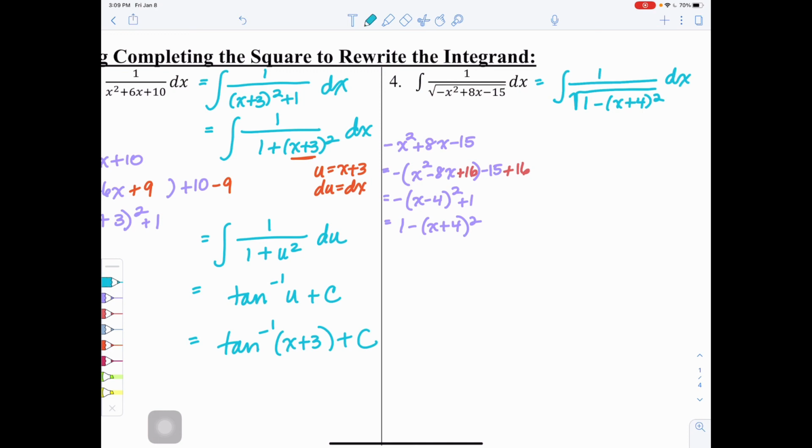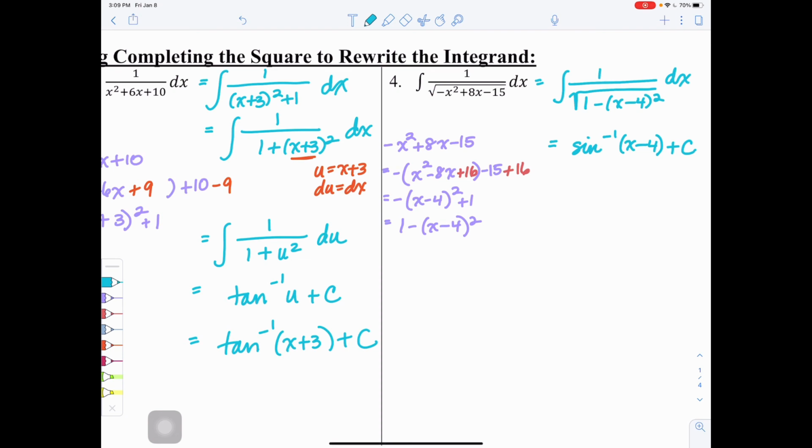Let me see if you recognize this. This is equal to the sine inverse of x plus 4. Excuse me, that should be a minus. I wrote that wrong there, and that wrong there, and that wrong there. Okay. So, x minus 4 plus a constant.